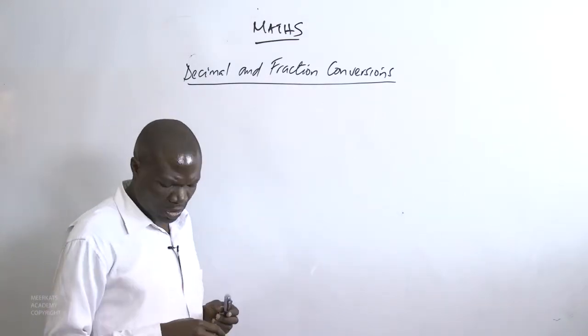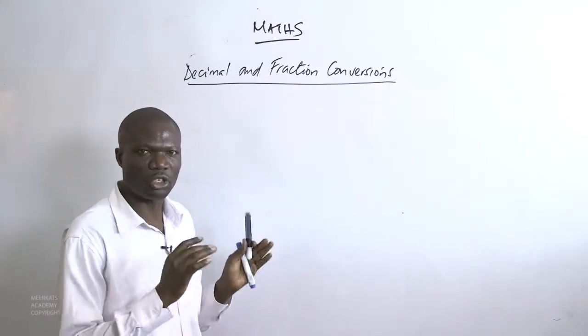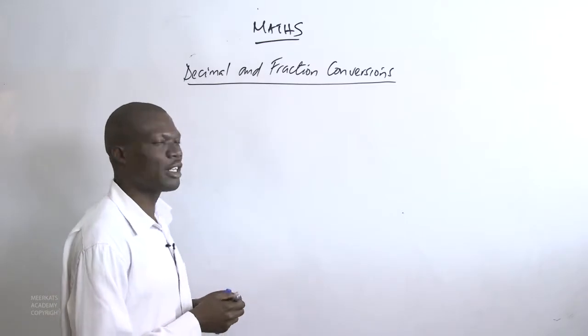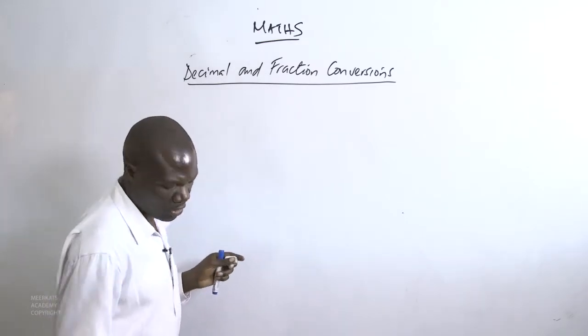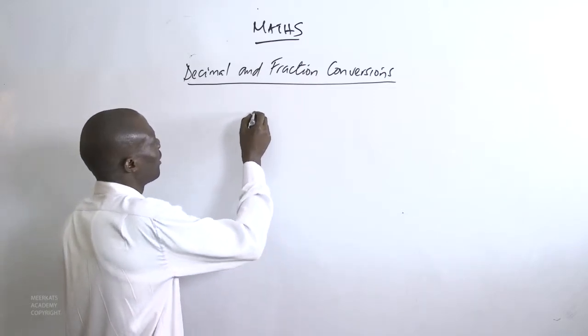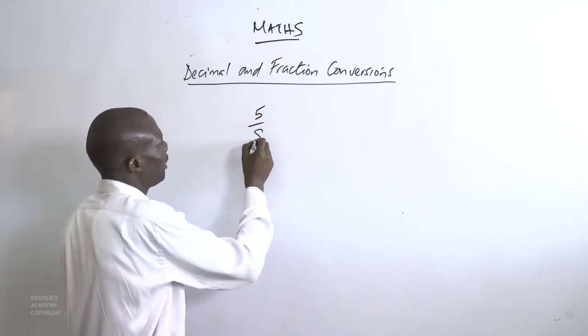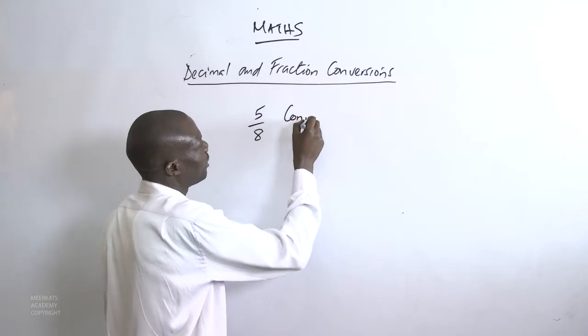Now, it's not only those methods while converting a fraction into decimals. There are more methods which we need to use. Now, take for example, a number like 5 over 8. We are to convert it.